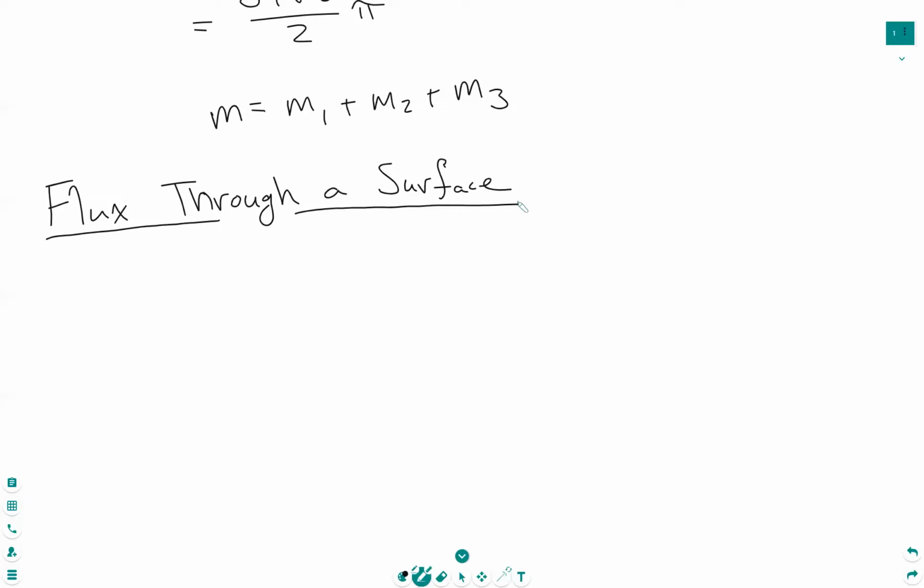Now let's talk about flux through a surface. So maybe you have some running water, and it pours through some spigot or some faucet, and you know the surface area that it's coming through. What is the flux or rate of this water going through this particular surface here? So before we jump into it, let's look at a definition.